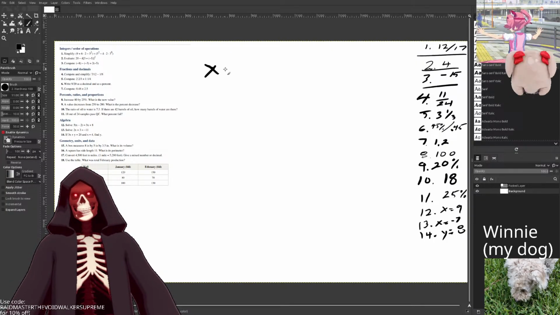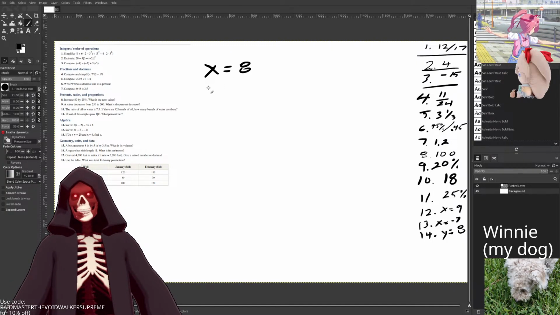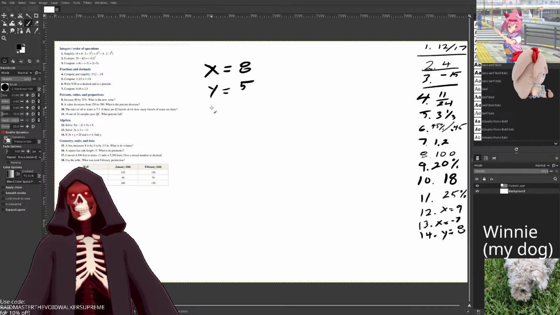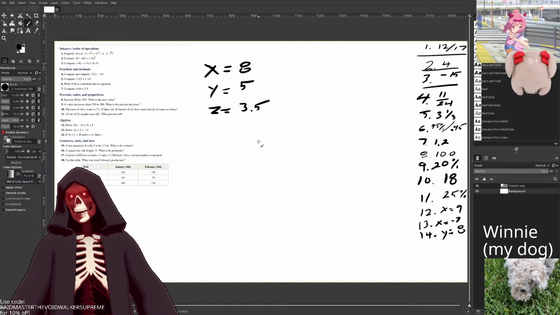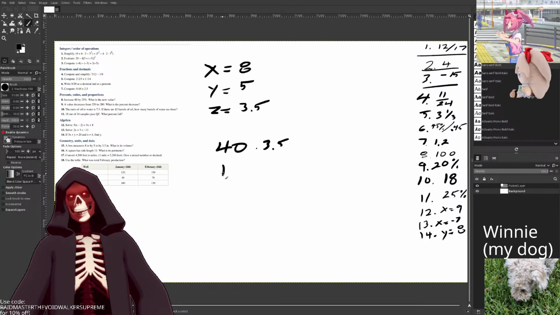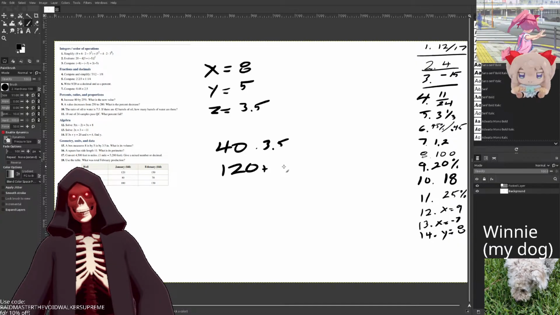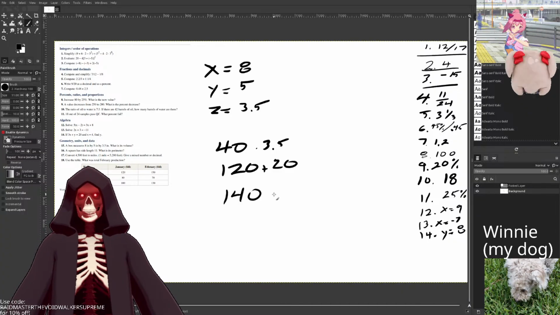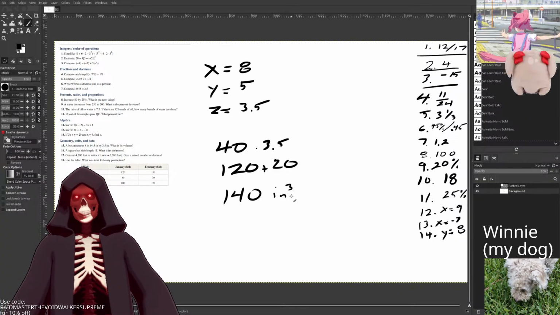So x is equal to 8, y is equal to 5, and z is equal to 3.5. What is the volume? Very simple. 8 times 5, that's 40 times 3.5, which is equal to 120 plus 20, so 140 cubic inches.